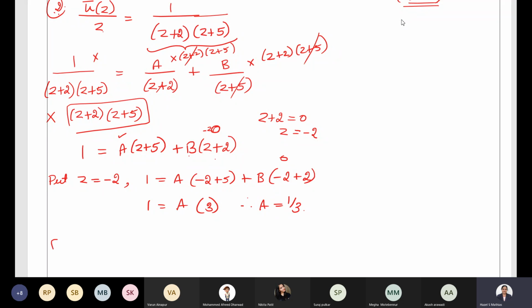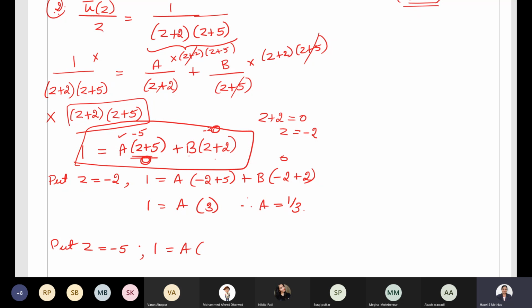Similarly, now you want to find the value of B. So make the coefficient of A 0. How can we make the coefficient of A 0? By putting the value of z as minus 5. Minus 5 plus 5 is 0. That's why I put z equal to minus 5. In this expression, you put 1 is equal to A into minus 5 plus 5 plus B into minus 5 plus 2.